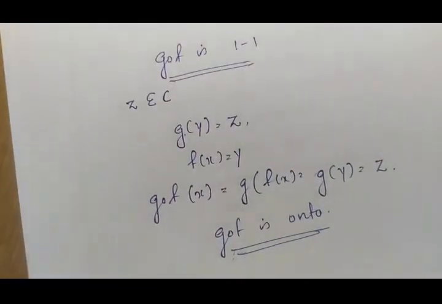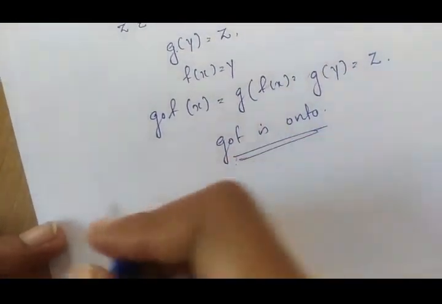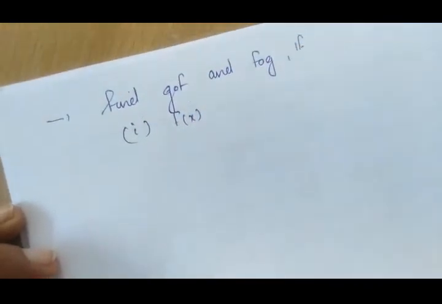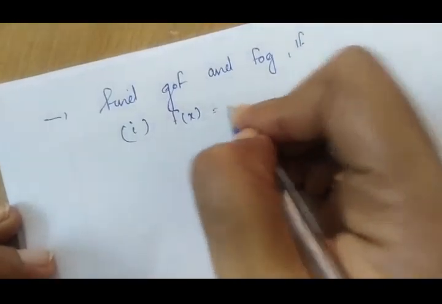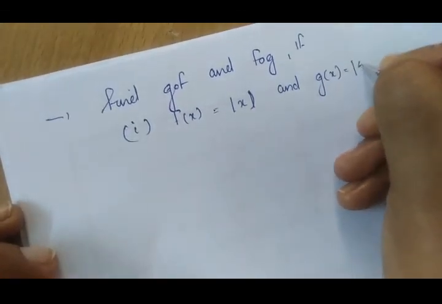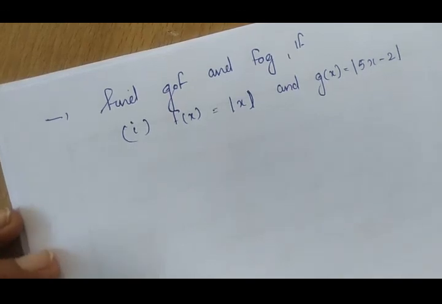Next question. Find f∘g and g∘f if f of x is equal to mod x and g of x is equal to mod 5x minus 2.